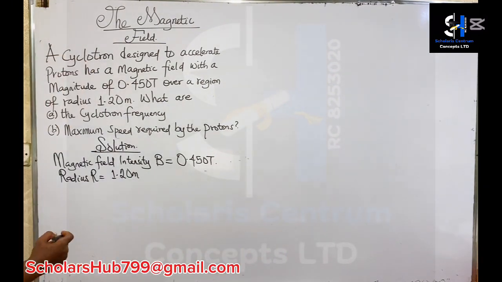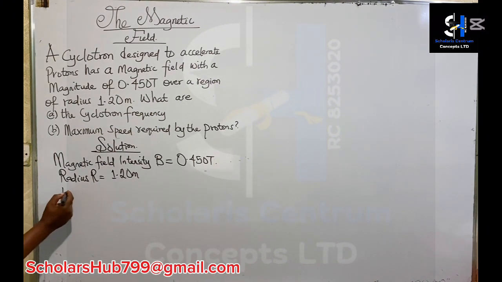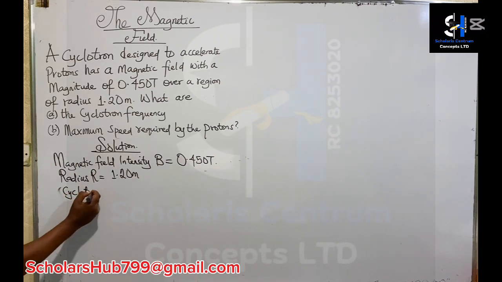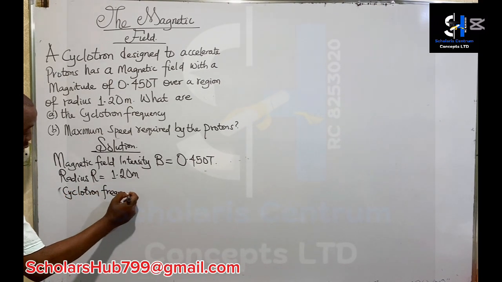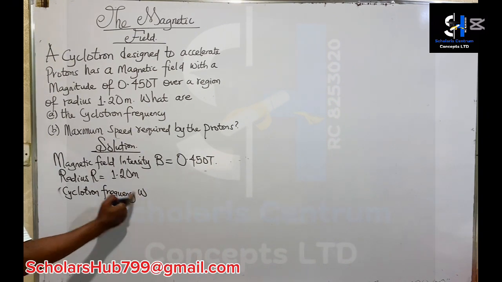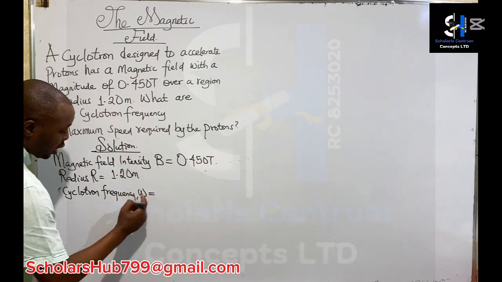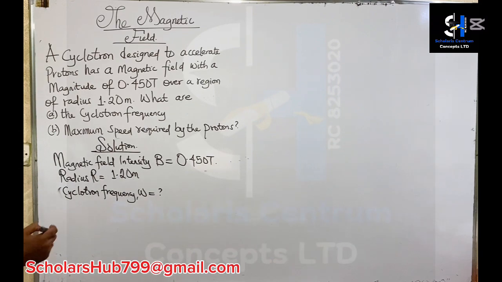Now in this case we want to calculate the cyclotron frequency. The cyclotron frequency will be omega, that's W, and that is the unknown value we are looking for.